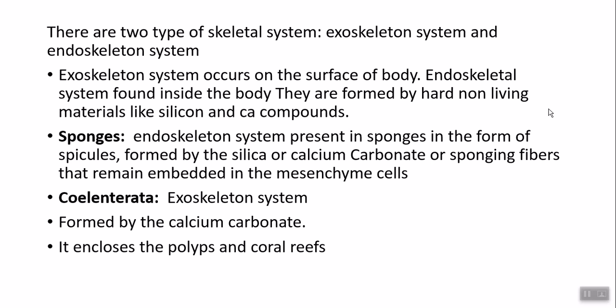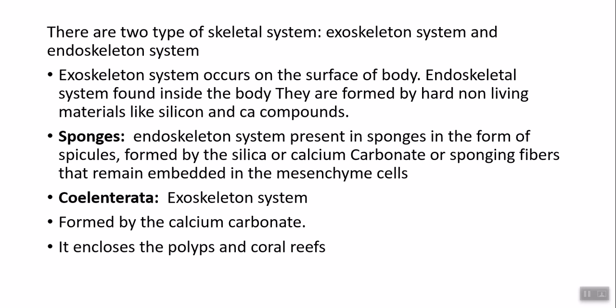So there are two types of skeletal system present in the animal kingdom: the exoskeletal system and the endoskeletal system. The exoskeletal systems are those in animals whose skeletons are seen on the body surface.